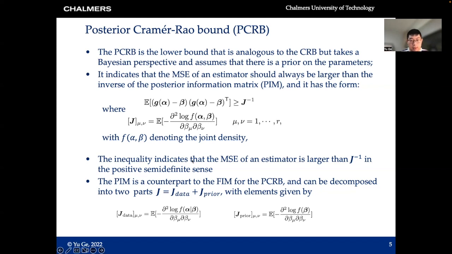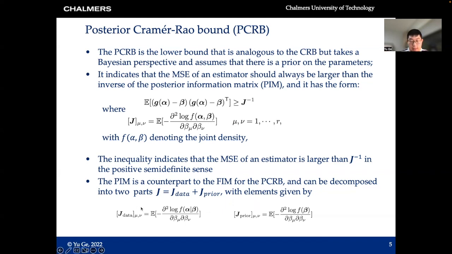The inequality indicates the mean square error of the estimator is larger than the inverse of the PIM in the positive semi-definite sense. And the PIM is a counterpart to the FIM for the PCRB and can be decomposed into two parts, with the elements given by these two equations.